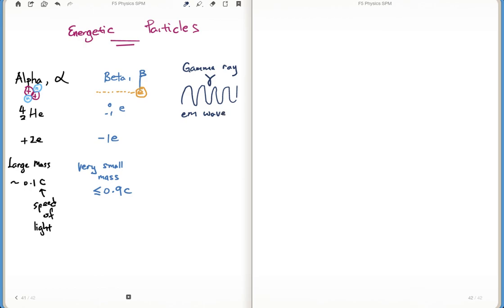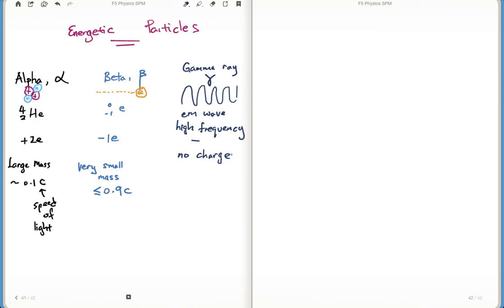It's a wave, so it's not positive or negative. No charge, nothing, it just passes through like a radio wave. It's just that the frequency range is different.